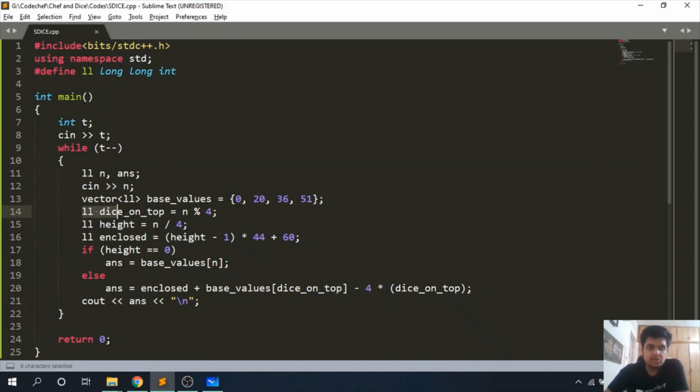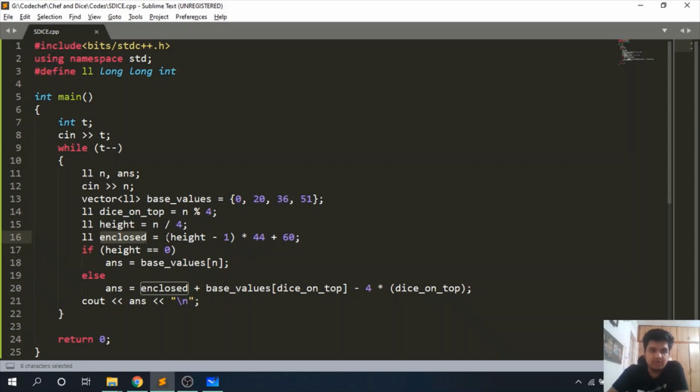Now dice on top is a variable and its value is n mod 4, as I had discussed in the solution. Now height is again n by 4, and this does not include the top level of dice. Now I've introduced another variable named enclosed. So what does enclosed mean? The enclosed levels, having sum 44.